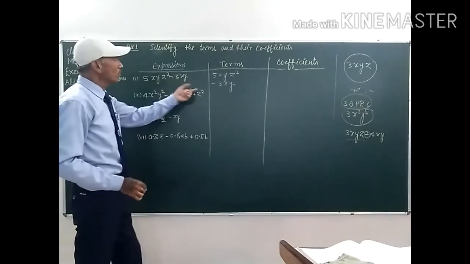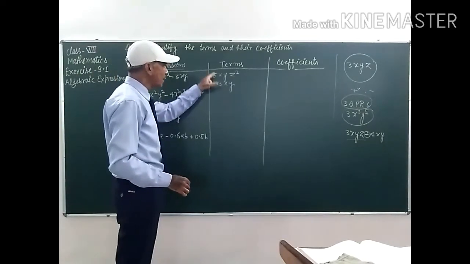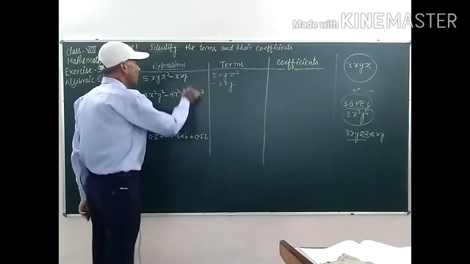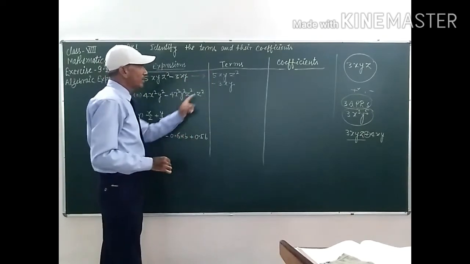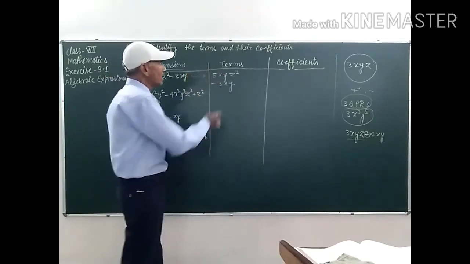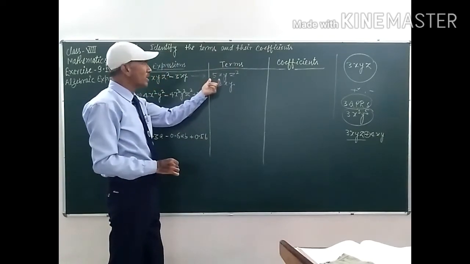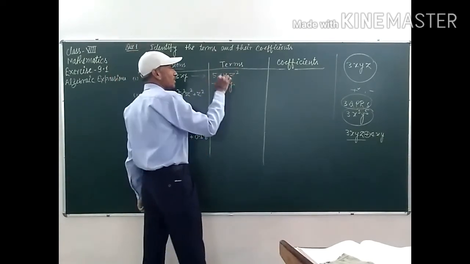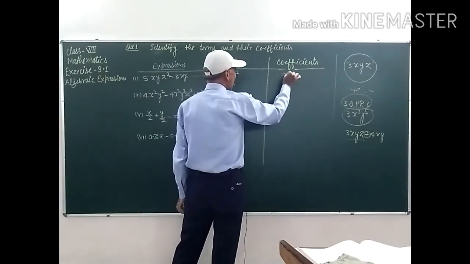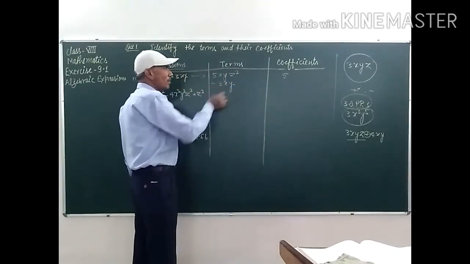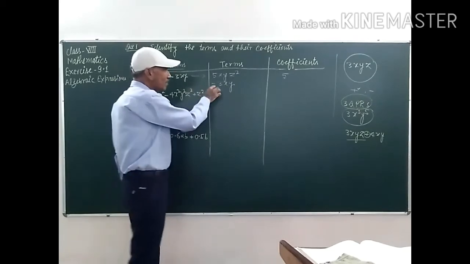Okay? So this one, minus 3xy, is the second term. Okay, and what are the coefficients? What is the coefficient of the first term? The numerical value, okay student, is the coefficient of this term, that is 5. And what is the coefficient of this second term? That is minus 3.